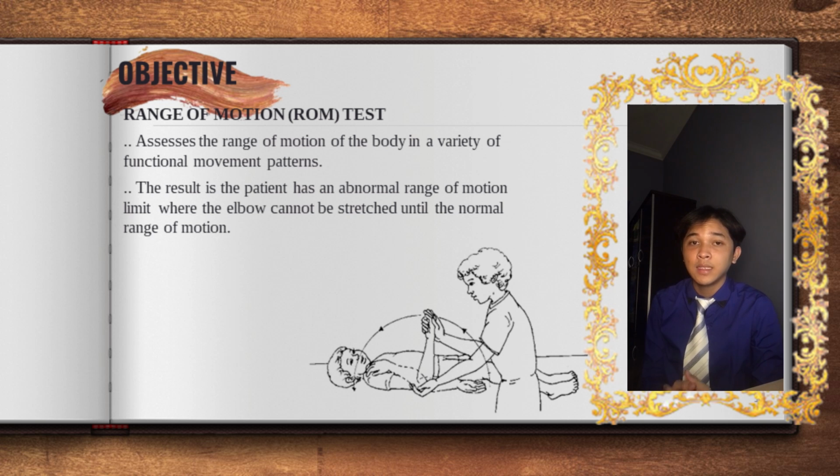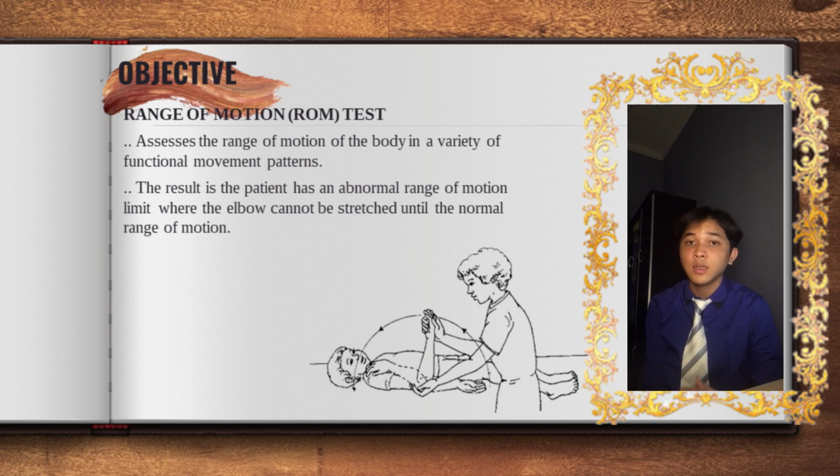This exam assesses the range of motion of the body in a variety of functional movement patterns. The elbow moves in flexion and extension, allowing the forearm to supinate and pronate. Normal range of motion testing effectively excludes the elbow joint as the source of the problem when there is swelling or pain in the elbow region.